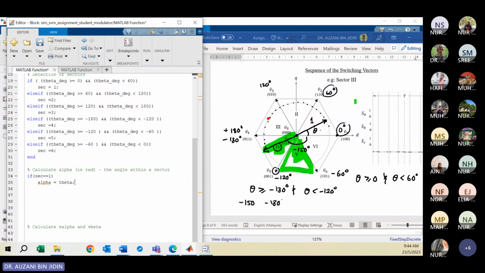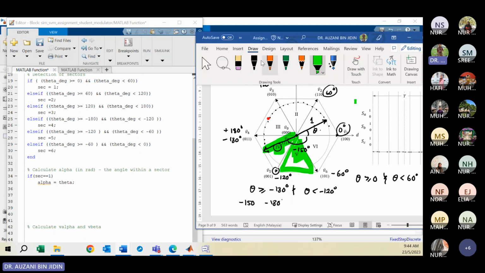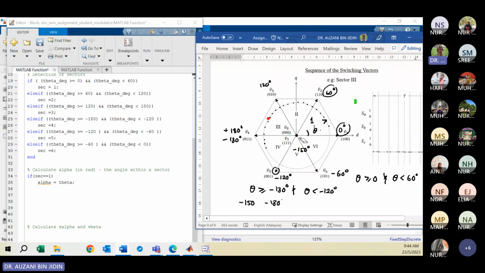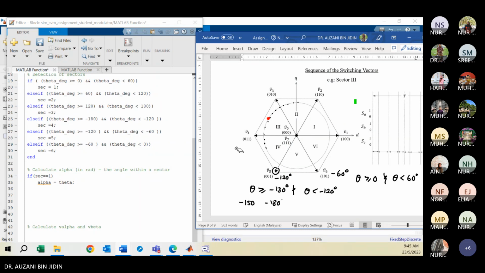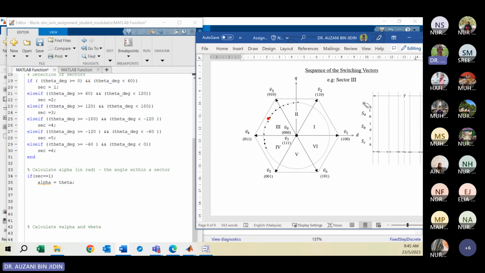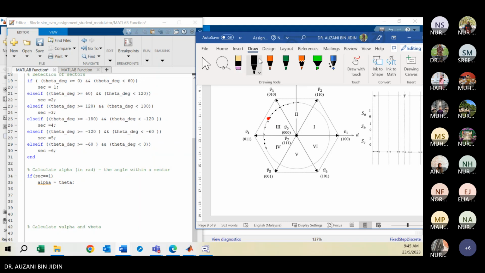Let me erase first. This is very important for your midterm next week: how to calculate the alpha for every sector. Wait, after this you can go back home.